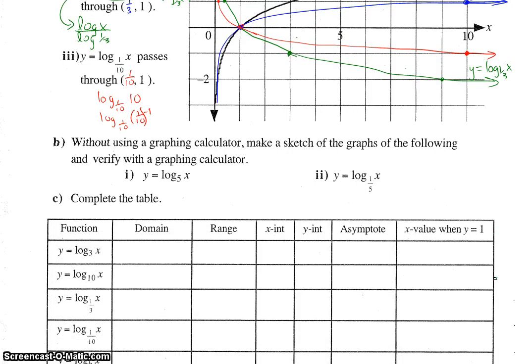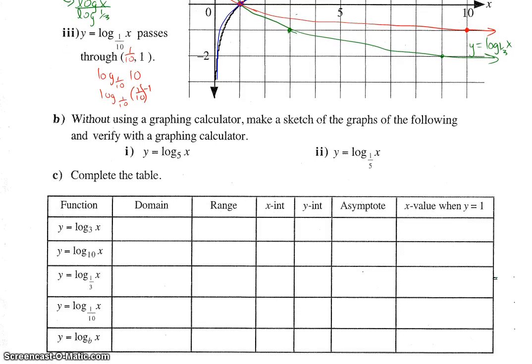Let's fill in our domain and range table. So domain, for all of these graphs, you probably discovered that x was greater than 0, right, for each one of those. Or if we wrote that in interval notation, that could also be written as 0 to infinity, meaning greater than 0. And that goes for all of these.